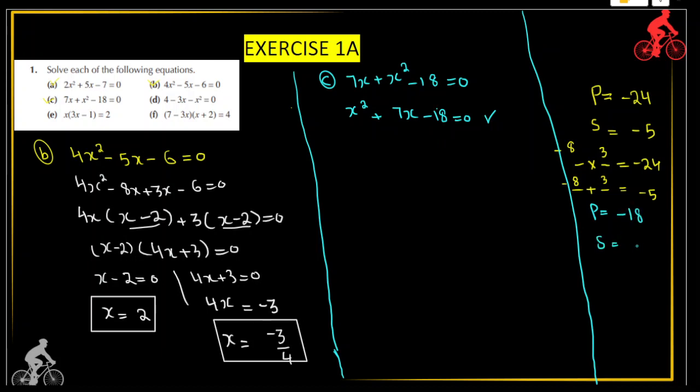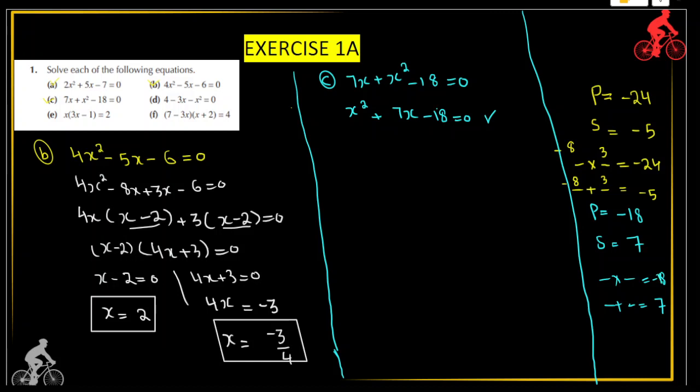The coefficient of x, what is that? That's 7, yeah. So again we have to find such a pair of numbers whose product must be equal to negative 18 and their sum should be equal to positive 7, and that is super easy to find.